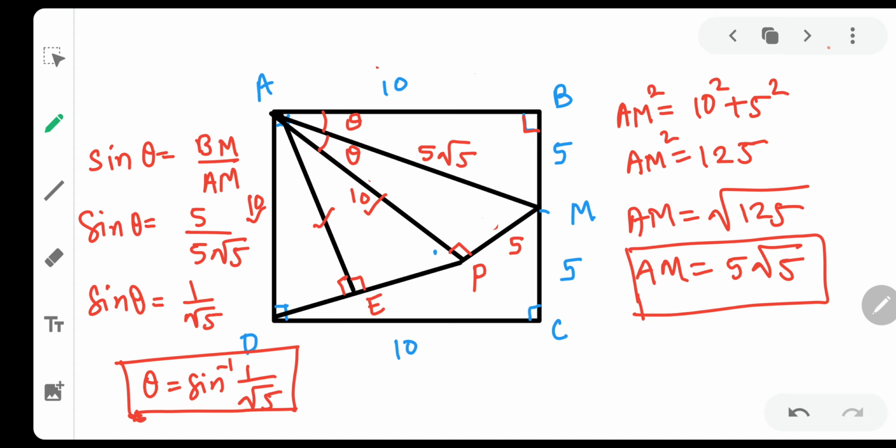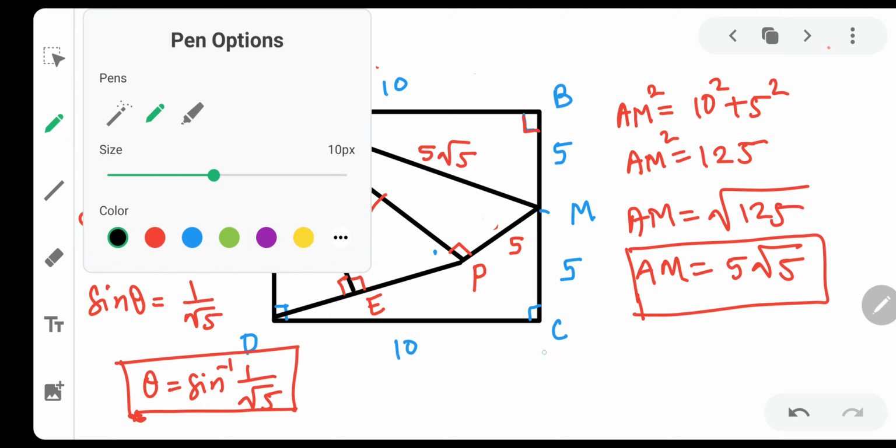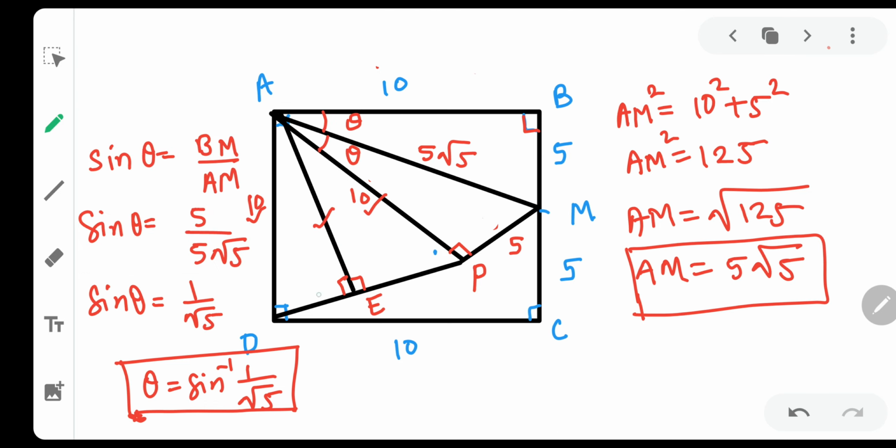If you drop a perpendicular from the vertex of an isosceles triangle to the base, then the perpendicular actually does what? It actually divides or bisects the base. Therefore DP will be bisected at E.